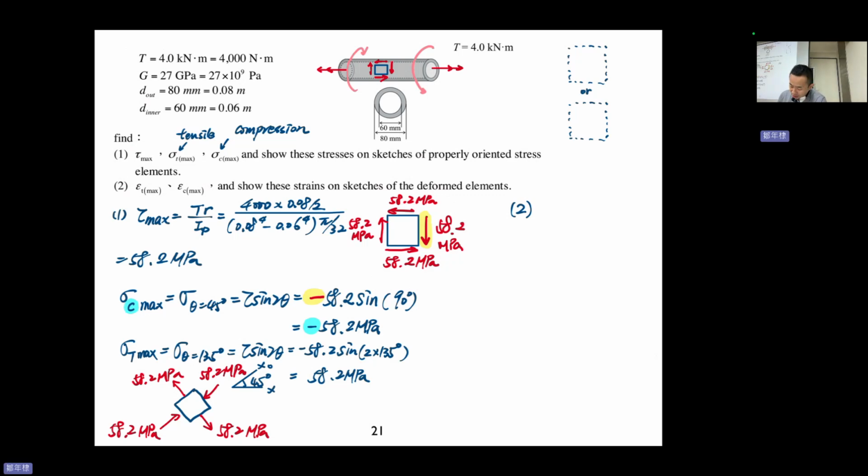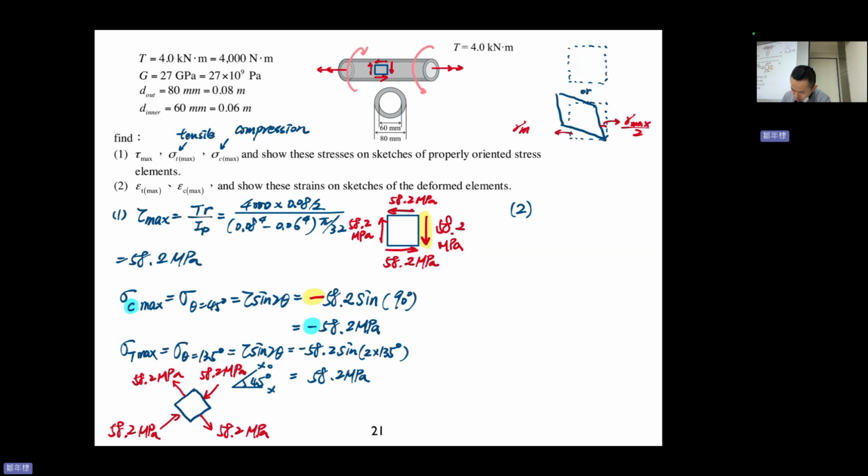And you can have two, when you have the test, you write down on your exam sheet. You can either draw like this. Okay. And this is gamma max over 2.